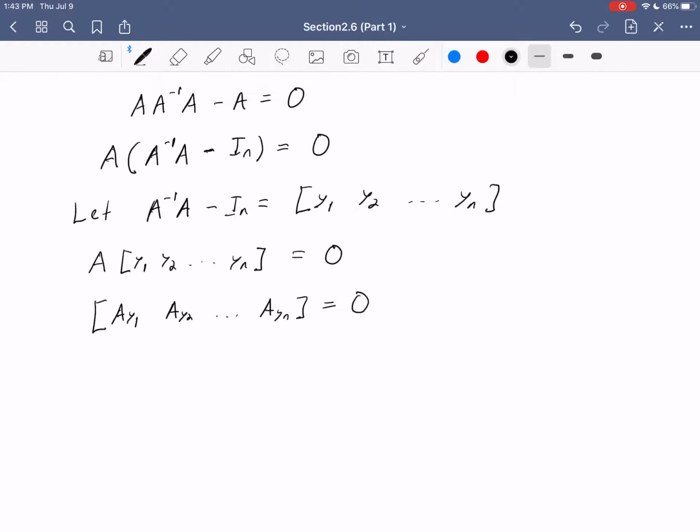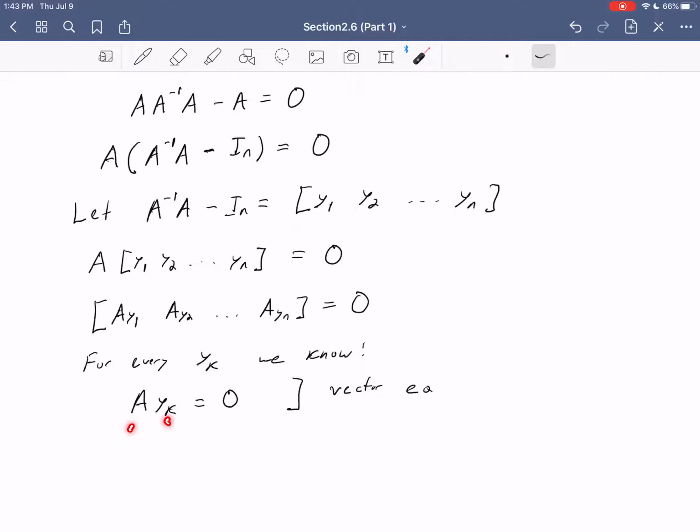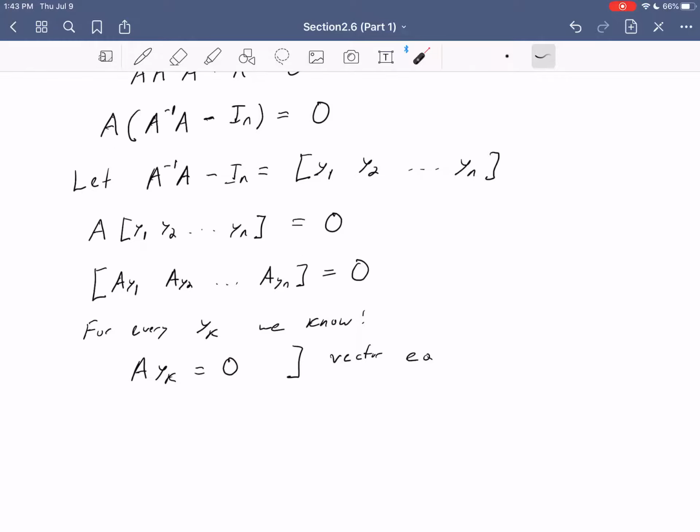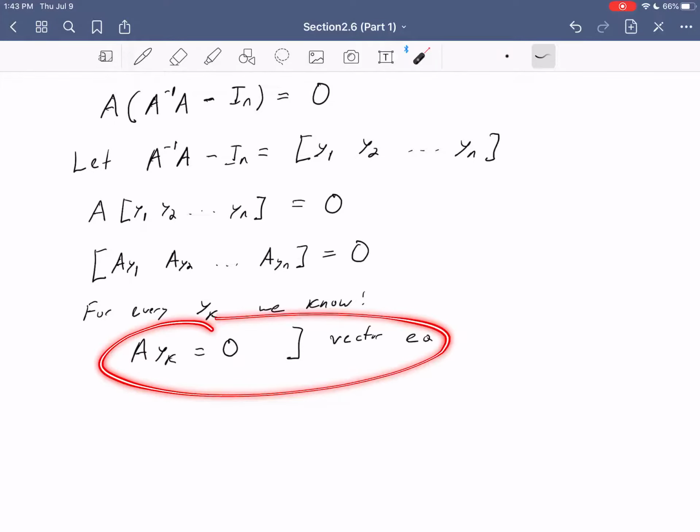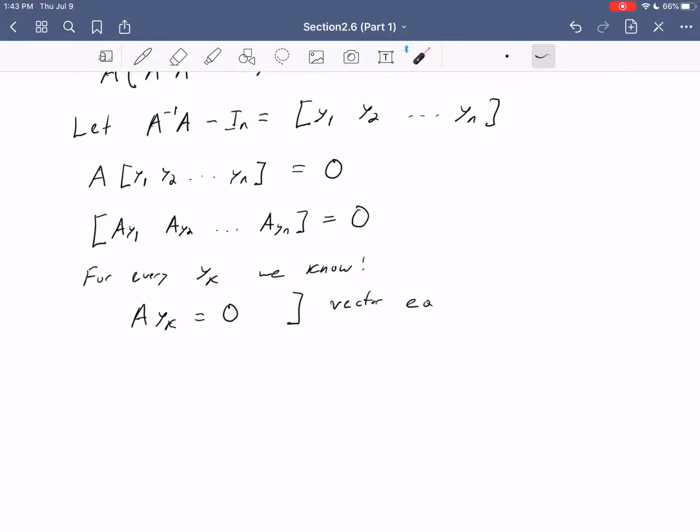Now this over here is a matrix where each of these columns is supposed to equal the 0 matrix. So that tells us for every y sub k, we know A times y sub k must equal 0. Now this is actually in terms of a vector equation now. This is saying A times that column vector y sub k must be the 0 vector. Okay, we're almost there. What can we say about this?